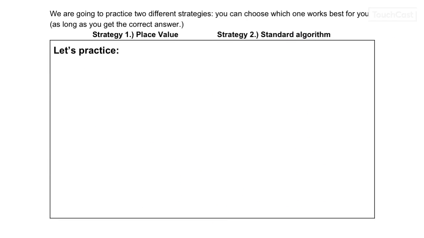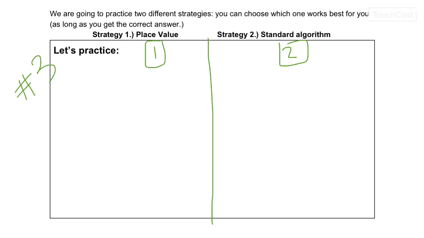We're going to try one more. I'd like you to pause your screen, and I'd like you to try both on your own if you want to challenge. If not, I'd like you to just try the one that you feel the most comfortable with. So once I write the math problem down, I'd like you to pause your screen, try the problem, and then press play again so we can check our work, okay?